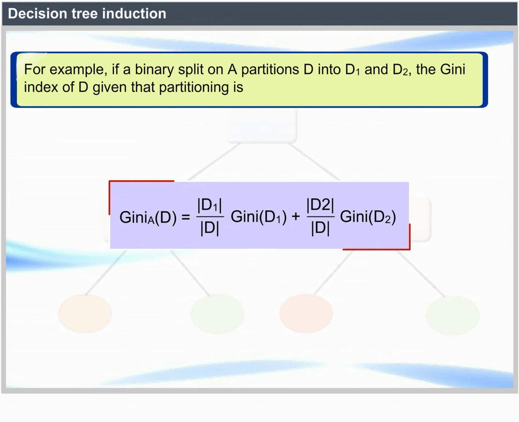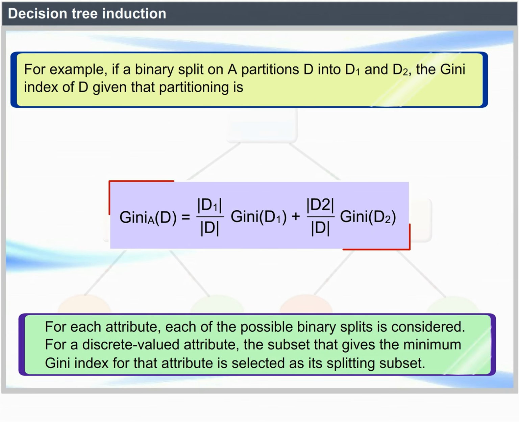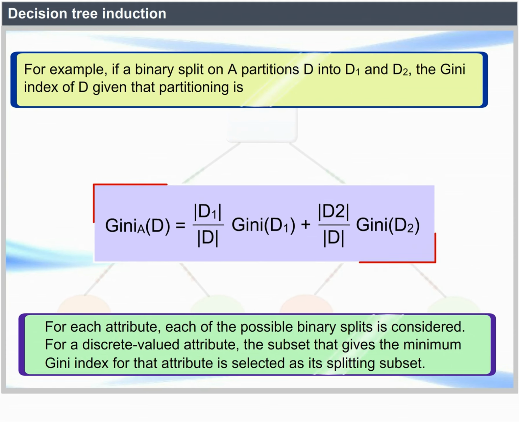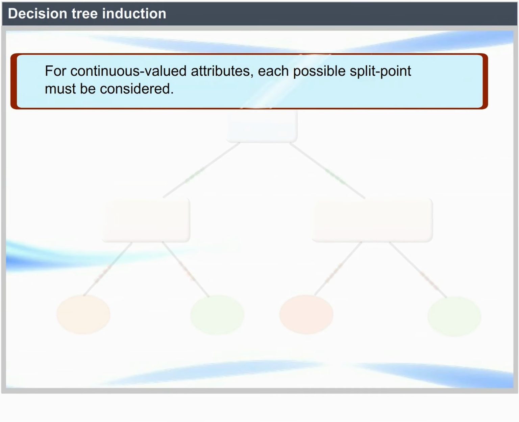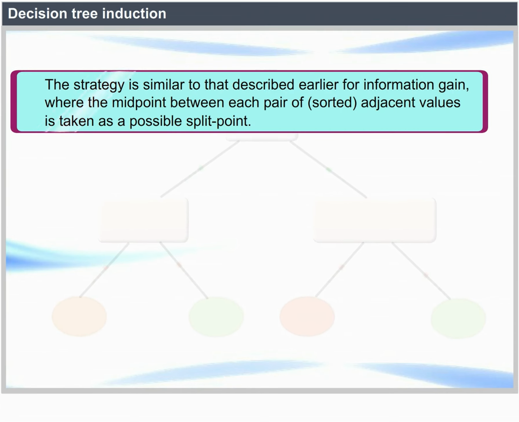For each attribute, each of the possible binary splits is considered. For a discrete valued attribute, the subset that gives the minimum Gini index for that attribute is selected as its splitting subset. For continuous valued attributes, each possible split point must be considered. The strategy is similar to that described earlier for information gain, where the midpoint between each pair of sorted adjacent values is taken as a possible split point.